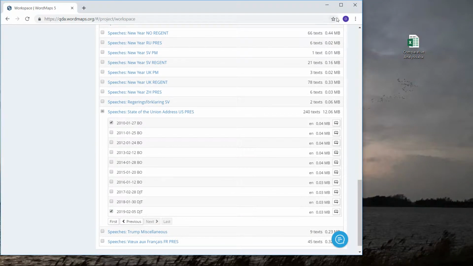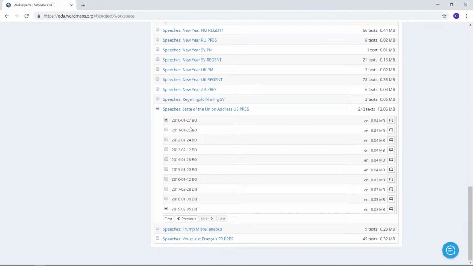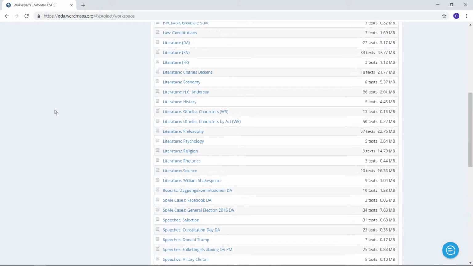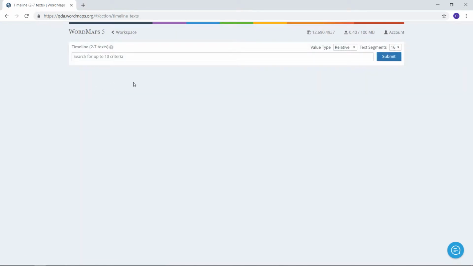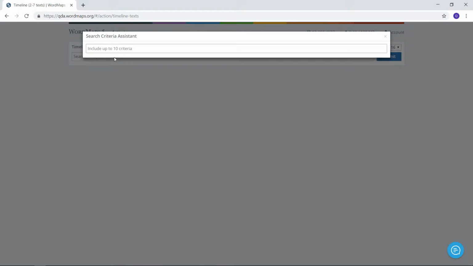And I've set up an analysis here. We see Barack Obama's speech here and Trump's down here, 2019 compared to 2010. And I'm going to use a timeline analysis because that will give me extra information. I will see not just the level of the adjectives, but I will also see how it unfolds as the speech is being presented.